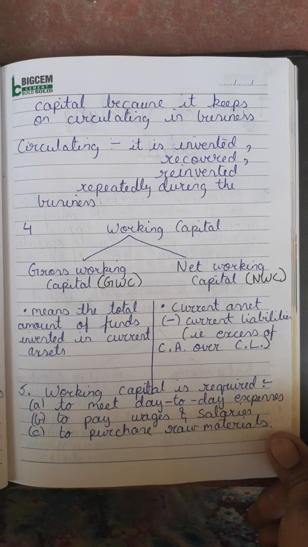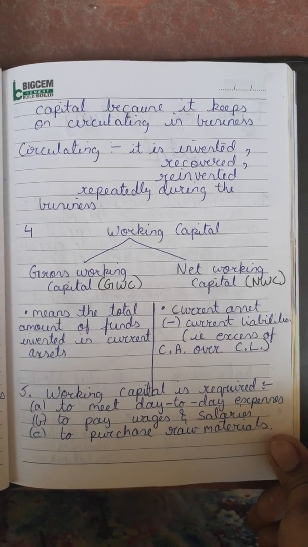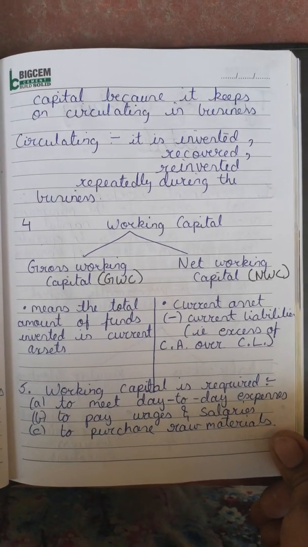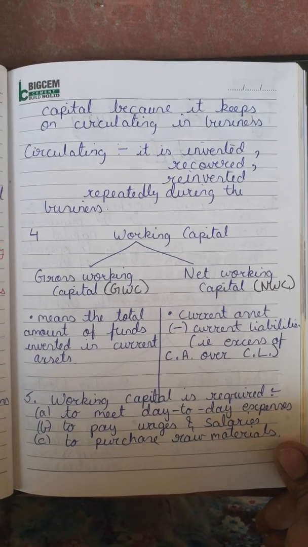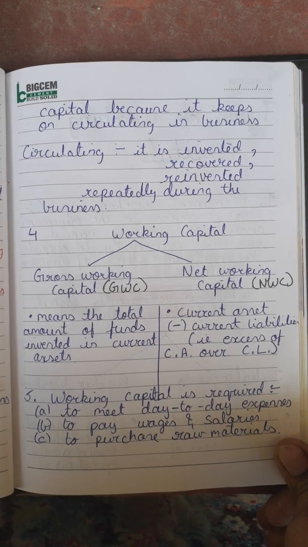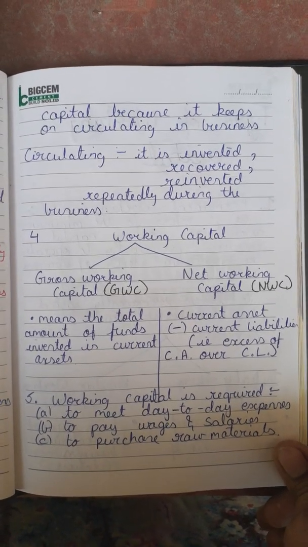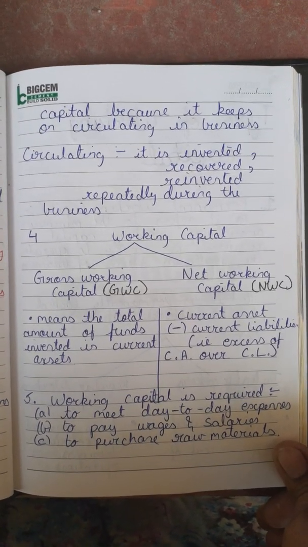Working capital is called circulating capital because it is invested, recovered, reinvested, and these three processes are repeatedly done during the operating cycle of a business.